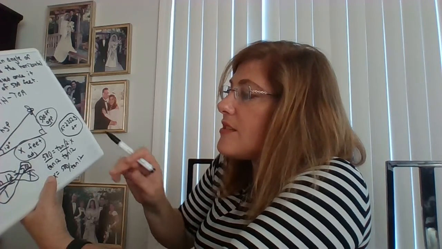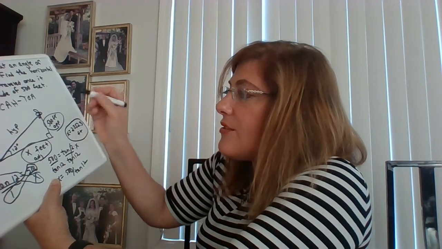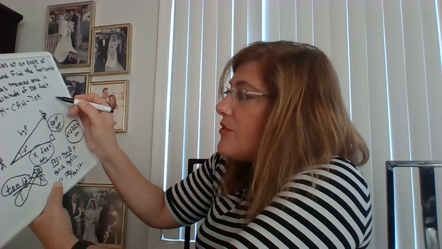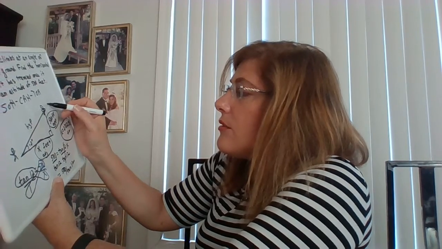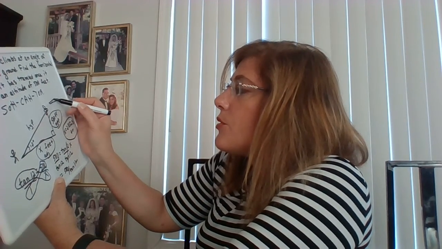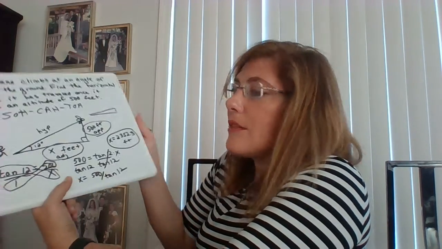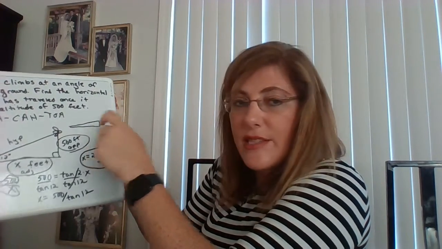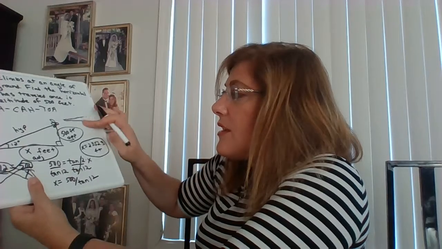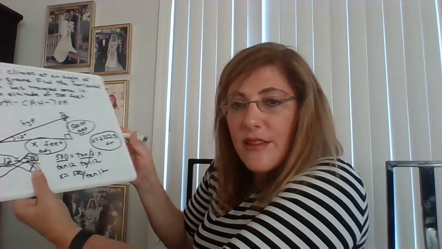Because normally, if we were drawing it accurately, 12 degrees is only a really, really tiny angle. So it would look more like that, and see how this side would be 4 times as large as that side. But either way, the answer is right. The answer is the same.